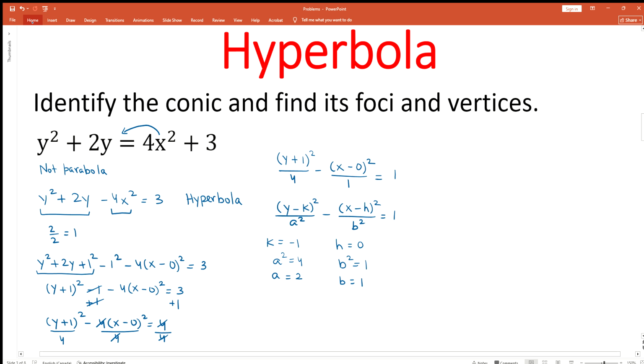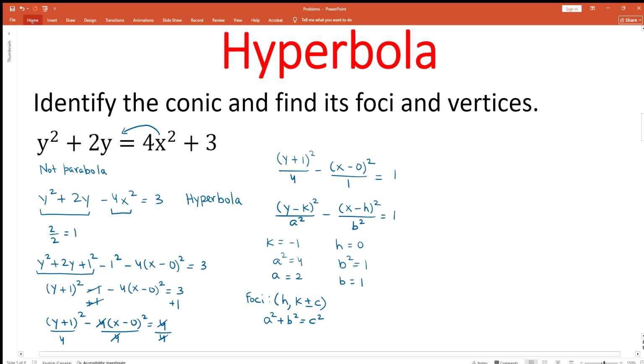Let's start with foci. The setup for foci of a hyperbola whose branches are above and below each other is h, k plus minus c. We can find the value of c from the equation a square plus b square equals c square.